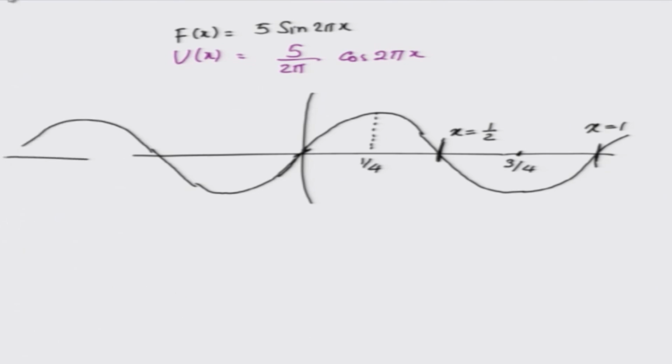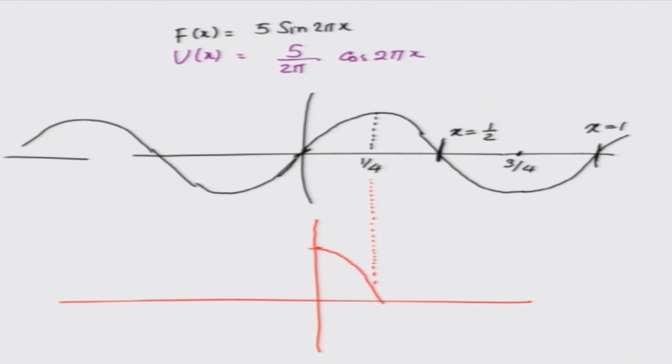How about the potential energy? The potential energy is maximum at x equals 0. When the force is maximum, the potential energy would have the largest slope. This is a cosine function, it will go like this on the other side.